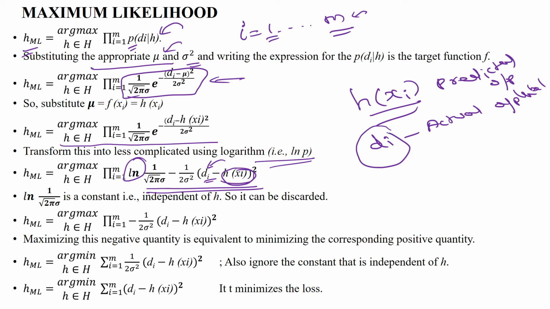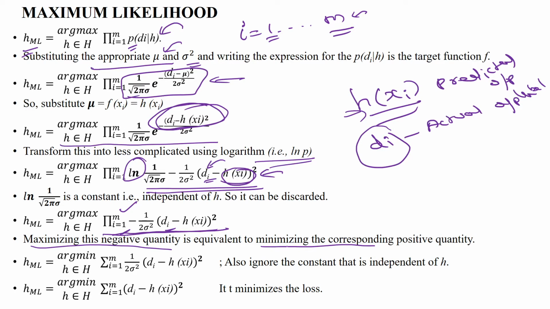We check the difference between these two by using the mean square error; we are squaring the error. For all the samples from i equal to 1 to m we can calculate the error. Maximizing this quantity is equivalent to minimizing the corresponding positive quantity.